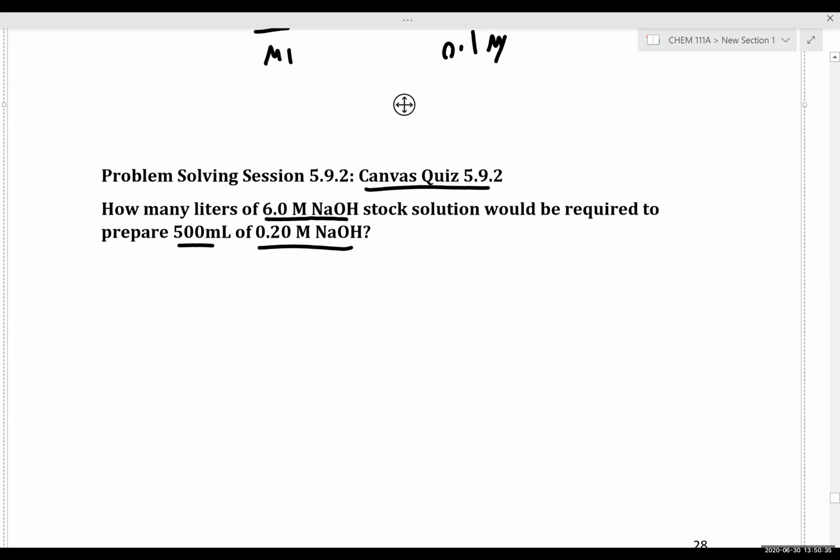The responses I see in the chat and Canvas look quite good so far. So let's now go through this example as I see excellent progress from the class so far.